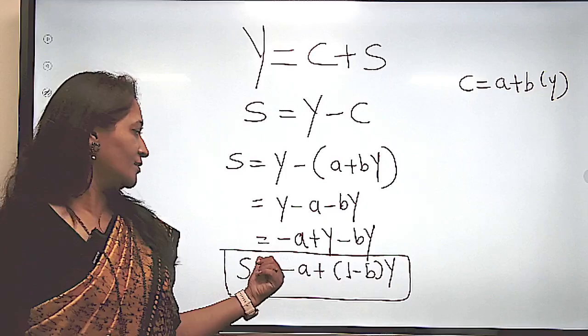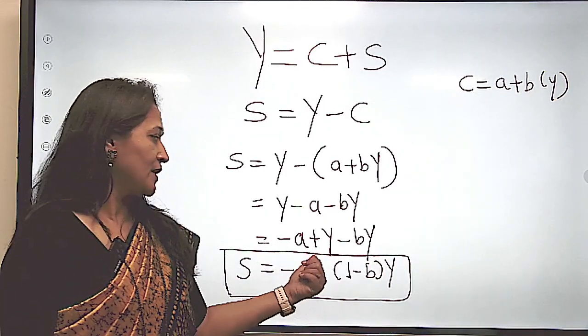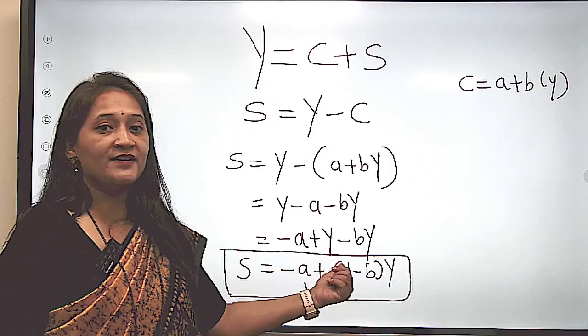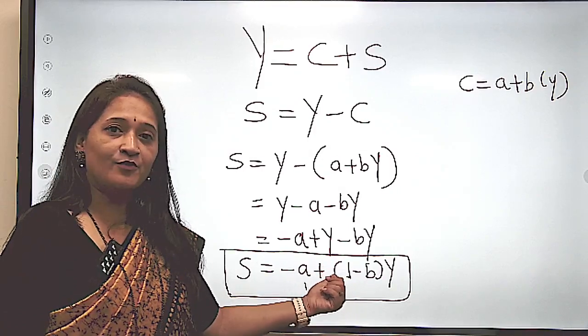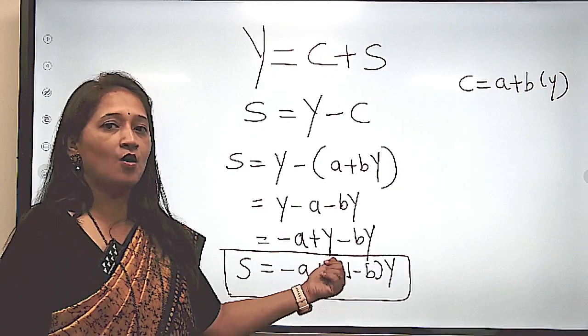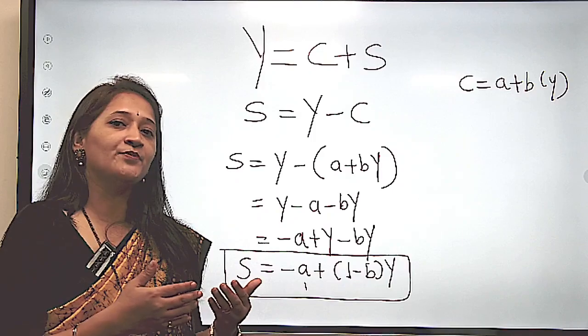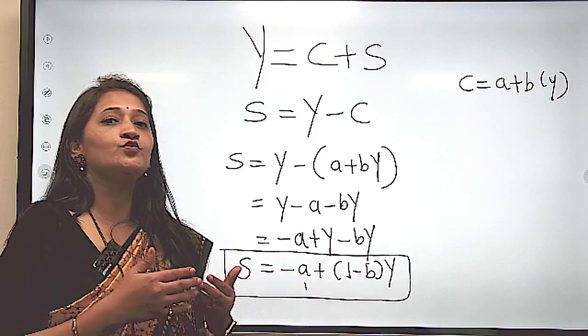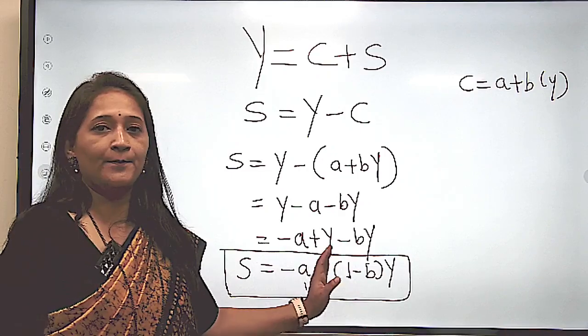Saving is nothing but the negative value of autonomous consumption plus 1 minus B, which is nothing but 1 minus MPC, which is MPS, of income. That is how much of additional income you are willing to save additionally. That is what 1 minus B, MPS, is.